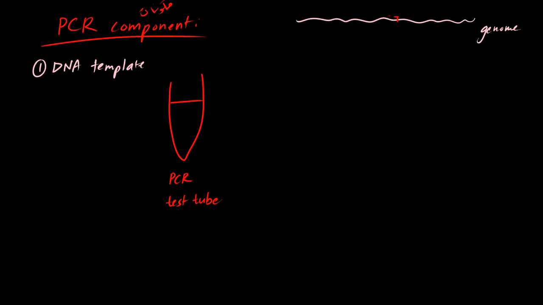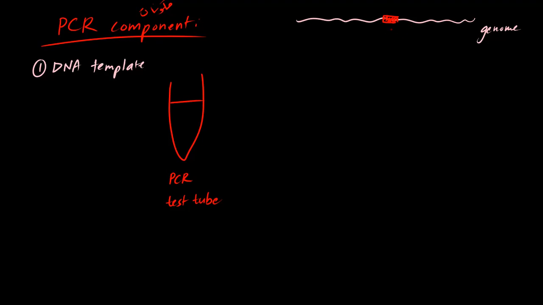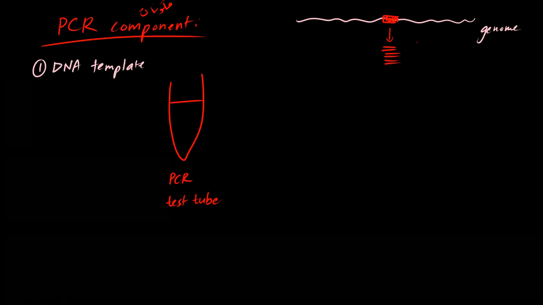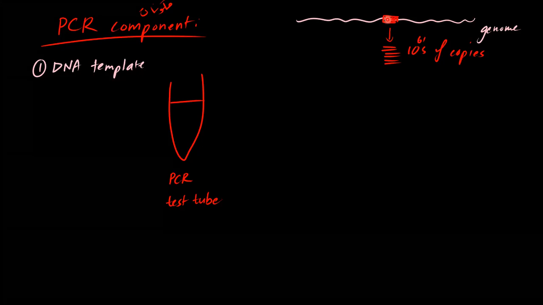Let's say that we are interested in making copies of this region within the genome. So we want to make, let's say, millions of copies of this DNA fragment, or maybe this gene, whatever the case. So we need a DNA template, which could be the whole genome.